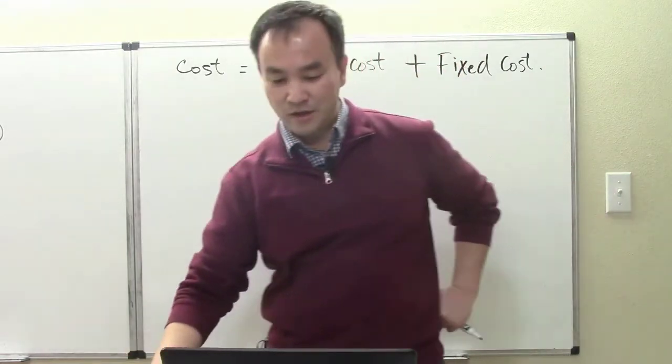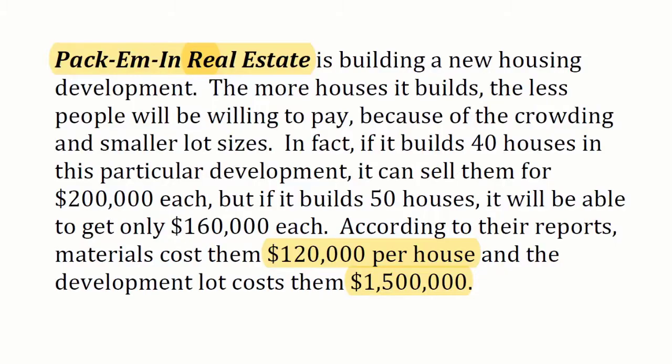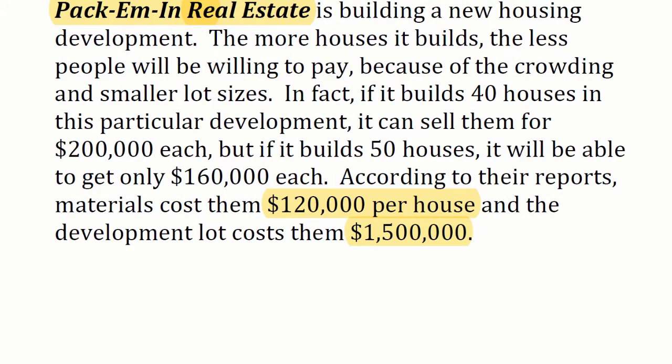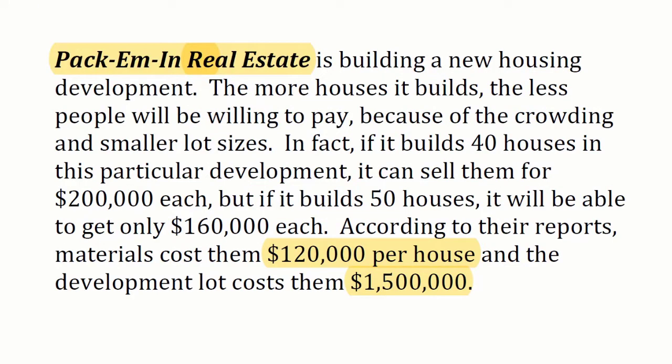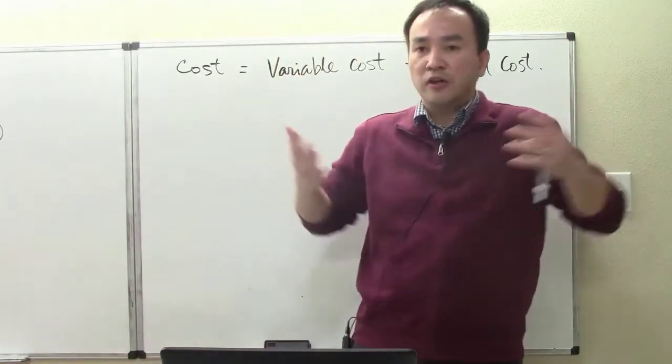Let me quickly bring back the information here. According to the two pieces of highlighted information, materials cost them $120,000 per house. Maybe this information is too specific about materials, but it could have also included labor and all that, because building a house, you also need to pay labor.